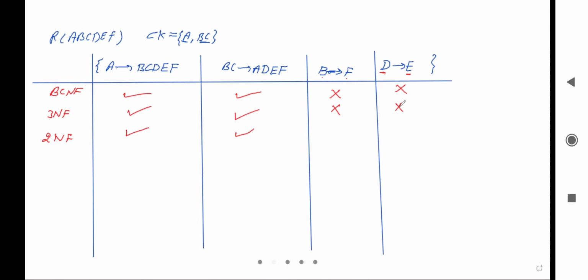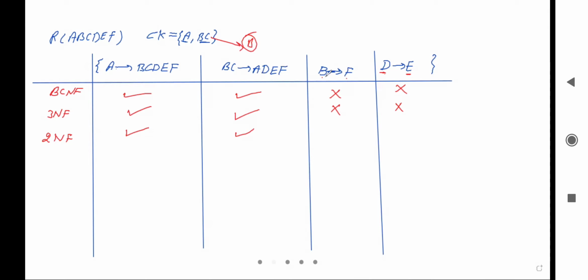What about this one? B goes to F. B is the proper subset of the candidate key that determines F, a non-prime attribute, right?